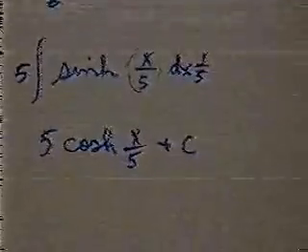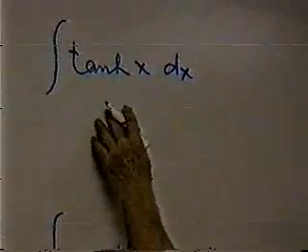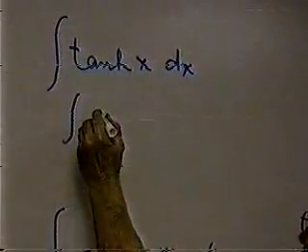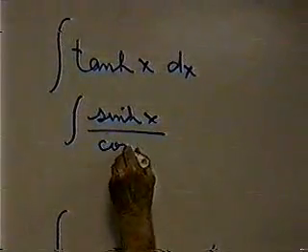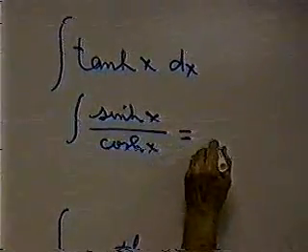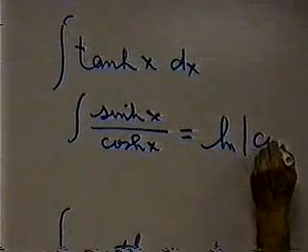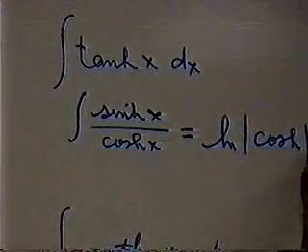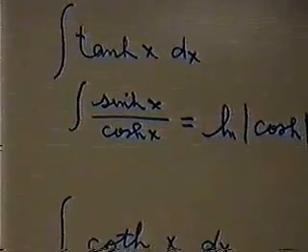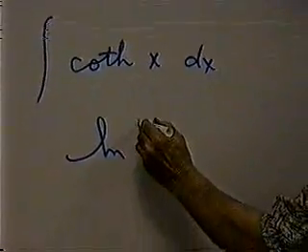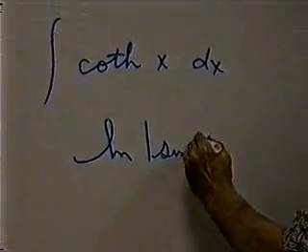All right, next one. The antiderivative of hyperbolic tangent, same as trig. You need to change this to hyperbolic sine over hyperbolic cosine. Therefore, the answer is positive, the log of hyperbolic cosine. And hyperbolic cotangent would be positive, the log of hyperbolic sine.